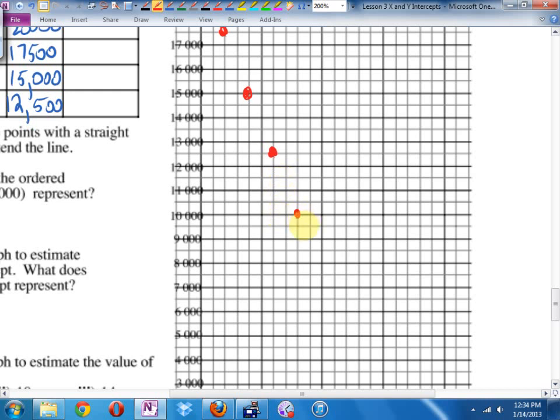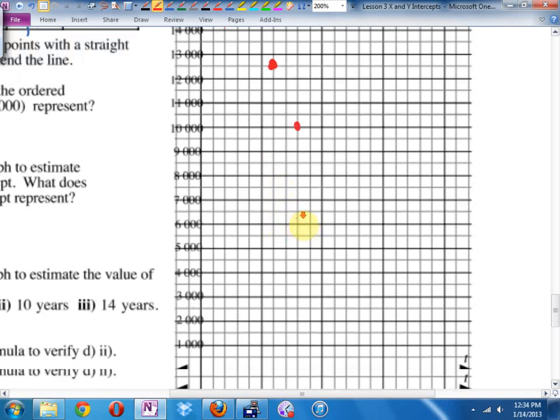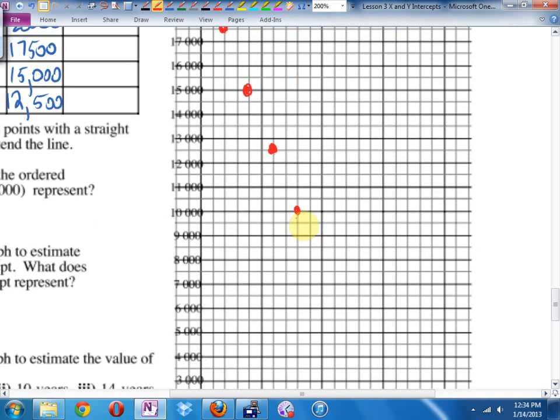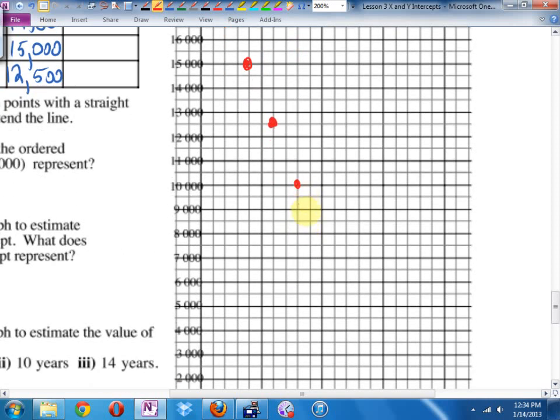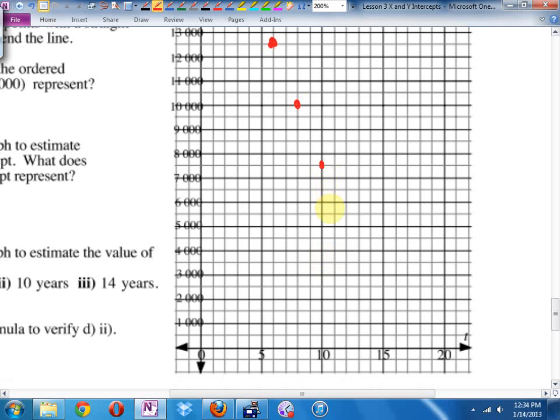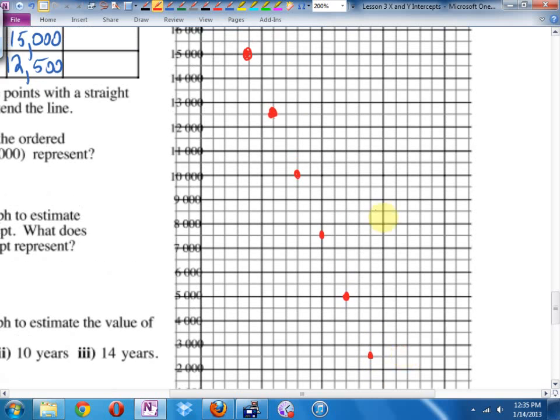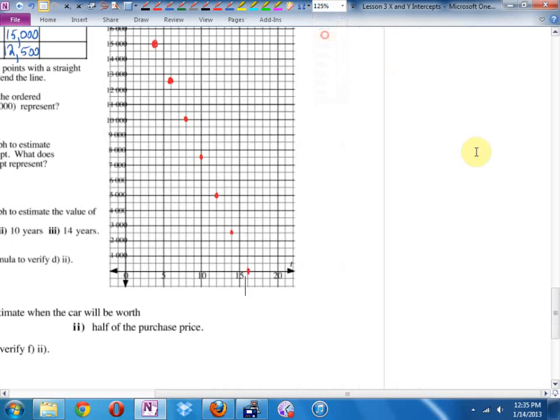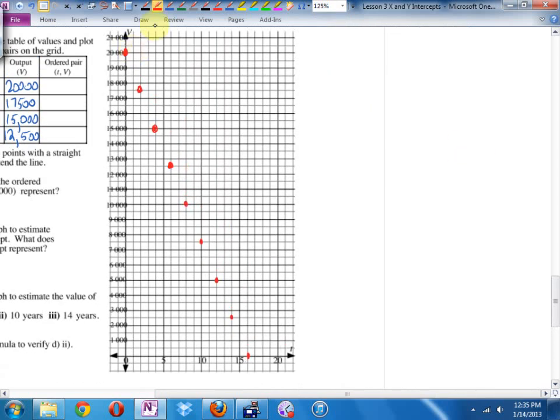So you're saying there's another point right there at 8, 10,000. 5 down, 2 over, and again 5 down, 2 over. I think if I extend this, it looks kind of like this.